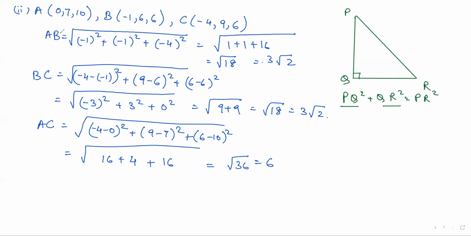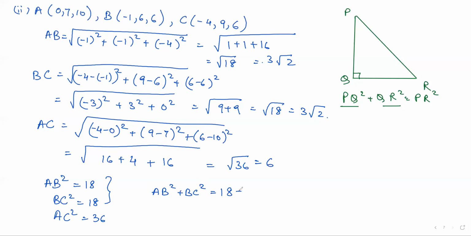Now, your AB is equal to 3 root 2. So AB square will be equal to 18. BC square will be equal to 18. And AC square will be equal to 36. By observation, we can say that adding these two values will give you AC square. So AB square plus BC square is equal to 18 plus 18 is equal to 36.